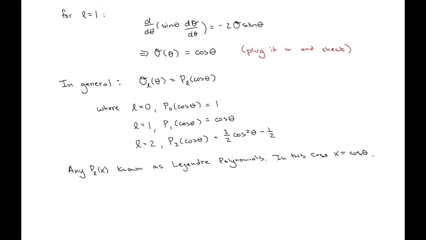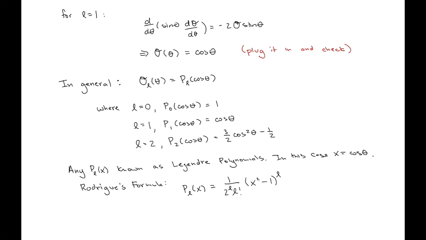And you can determine the formula for these using something known as Rodrigues's formula, which tells you that the L-th polynomial is going to be equal to 1 over 2 to the L times L factorial times x squared minus 1, and all of that taken to the L. So thank goodness we did not have to figure that out.